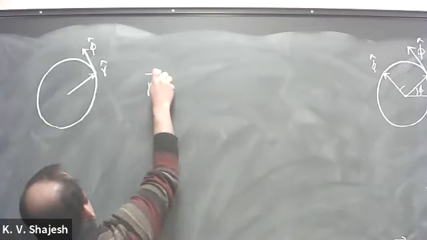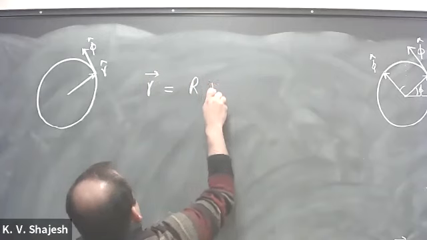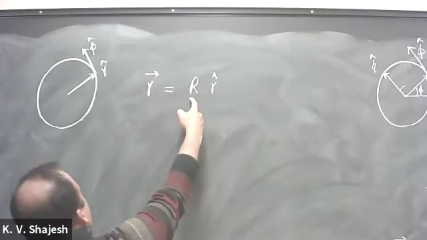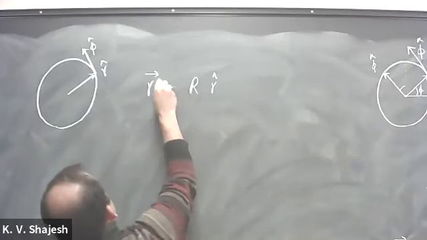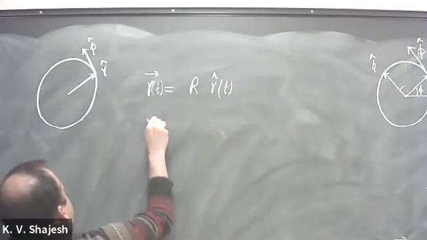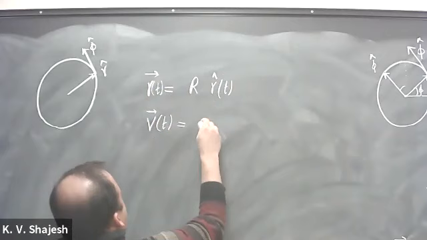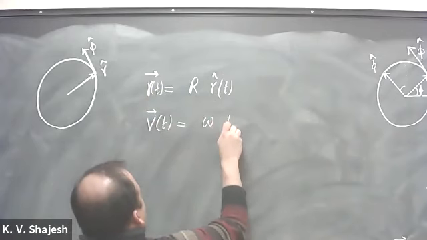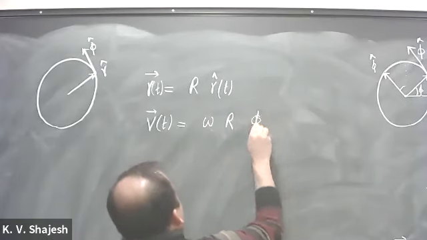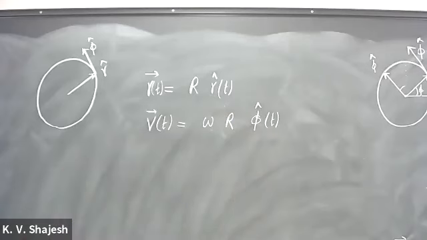So position r is equal to r times r hat. We are saying it's circular motion, so this is fixed, but this could have time dependence. Velocity in circular motion is omega times r, but omega could depend on time, times phi hat. So its direction is completely tangential.